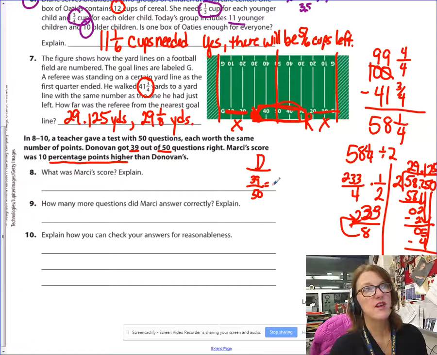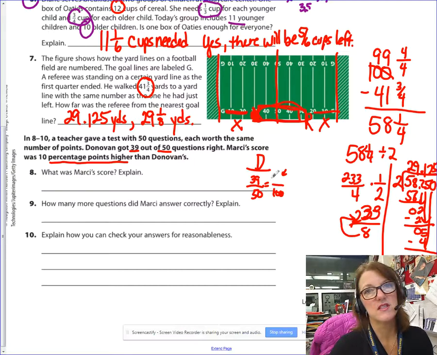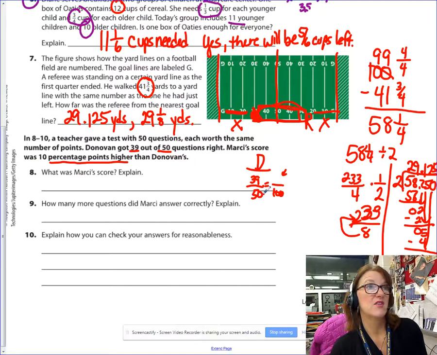First, we'd better get Donovan's score into a percent, and a percent is how many out of 100. Now, this particular one, because it's 50, this should be pretty straightforward, because I can just multiply it by 2 and get 78 over 100. That's the equivalent fraction from Donovan's score.